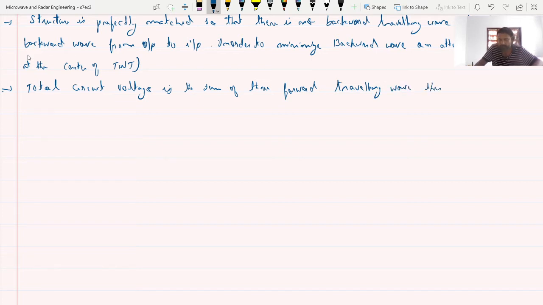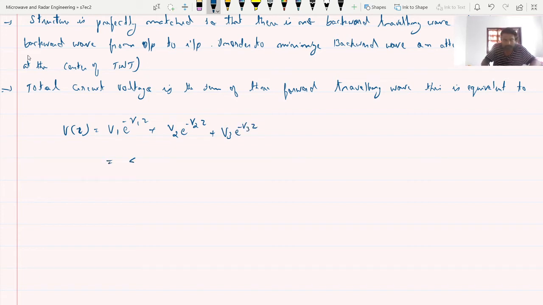This is equivalent to V of z is nothing but V1 e raised to minus gamma 1 z plus V2 e raised to minus gamma 2 z plus V3 e raised to minus gamma 3 z.